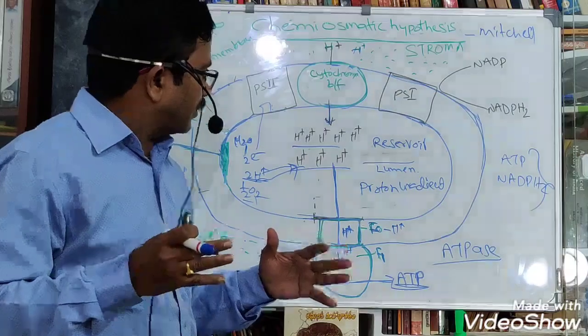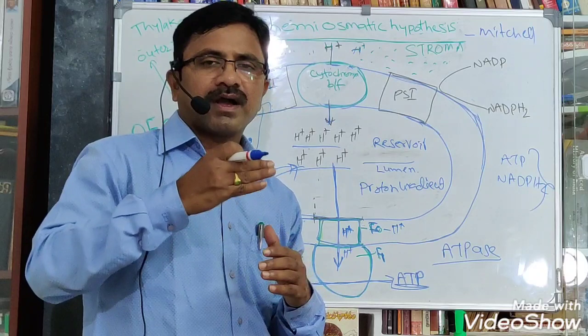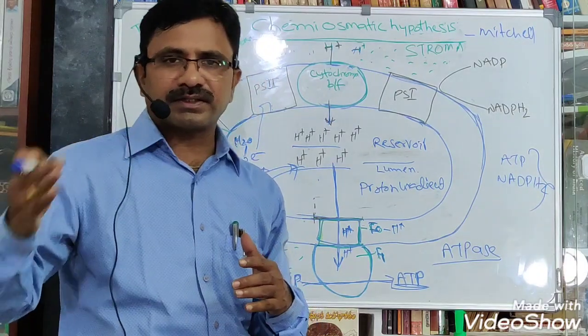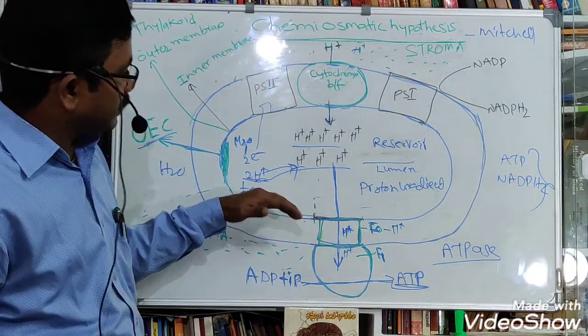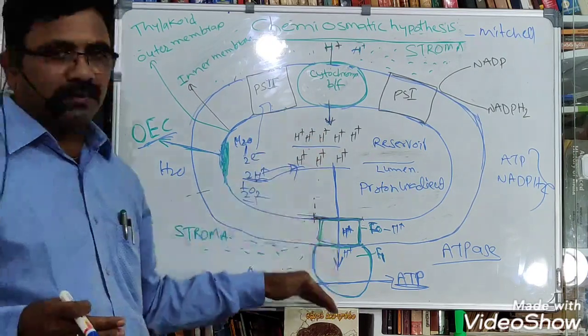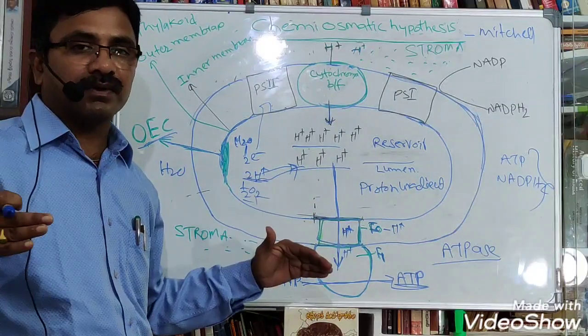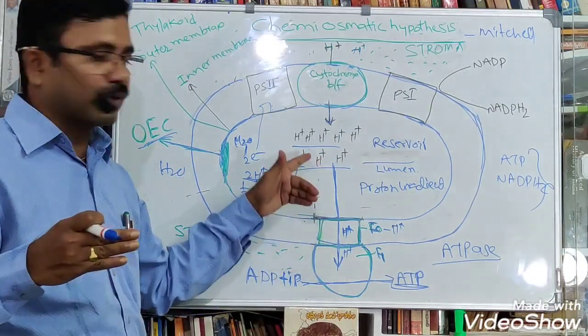According to the laws of diffusion, ions move from higher concentration to lower concentration. In this case also, the protons try to move from lumen to stroma, but the thylakoid membranes are impermeable to protons.